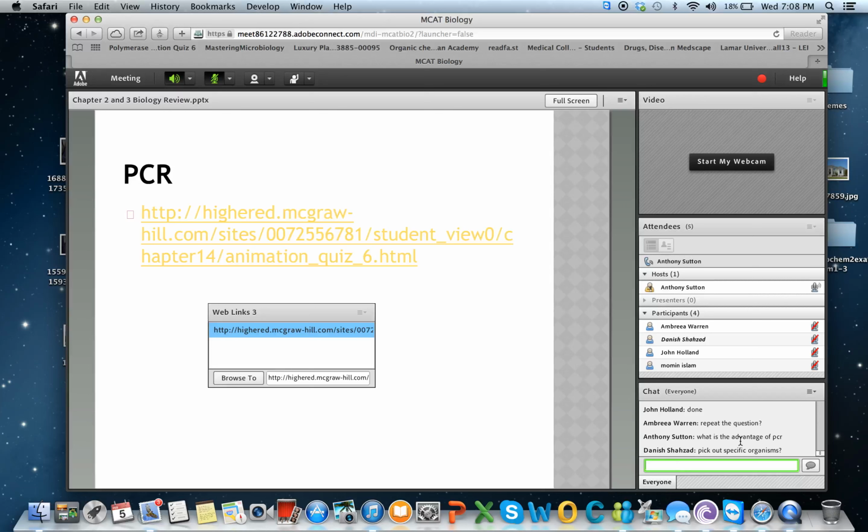Do you all agree that PCR requires increasing temperatures? I got Ambria, Donish to say yes. What about John and Moment?